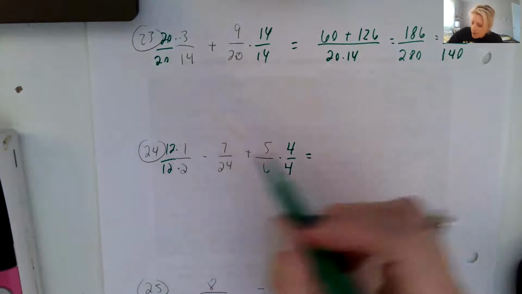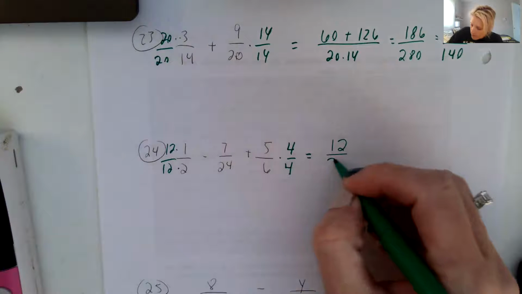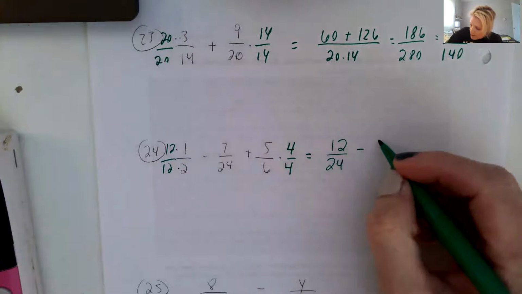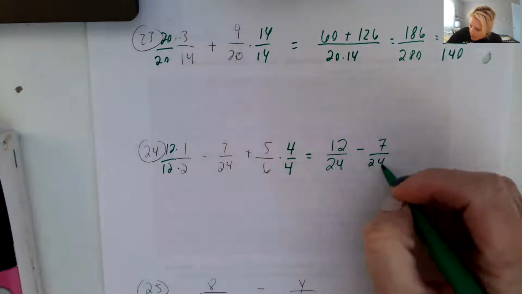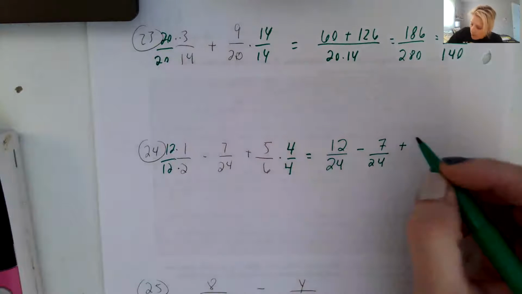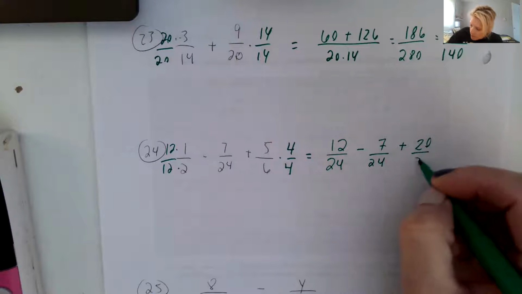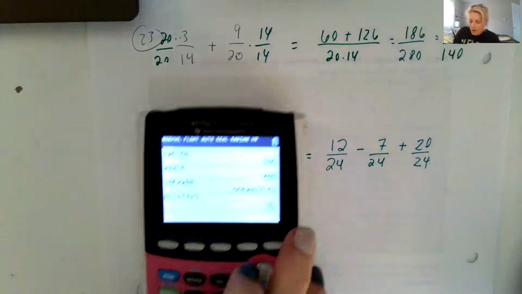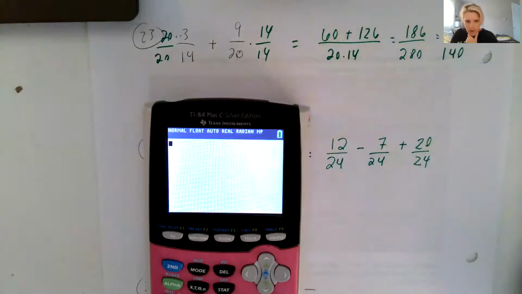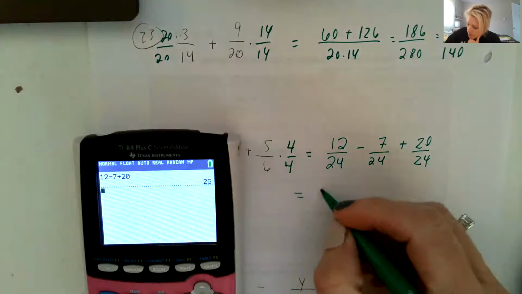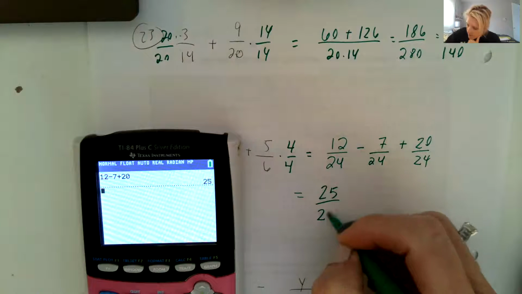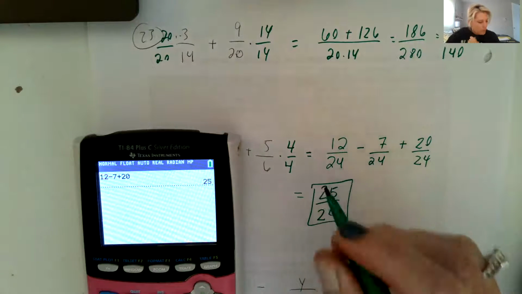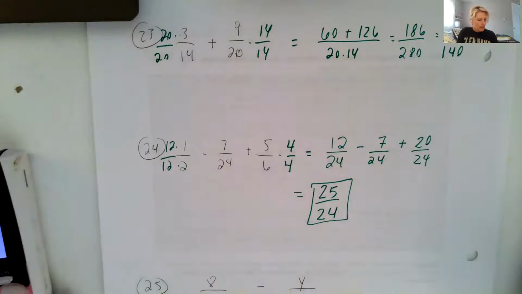So the first fraction becomes 12 over 24, subtracting 7 over 24, plus 5 times 4, or 20 over 24. And then remember, our denominator stays the same, but we can combine 12 subtracting 7 plus 20, and we get 25 24ths. And for the purposes of this class, you can leave it as that.